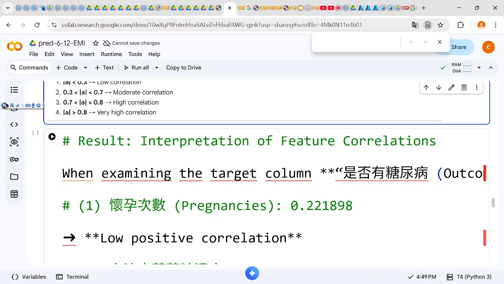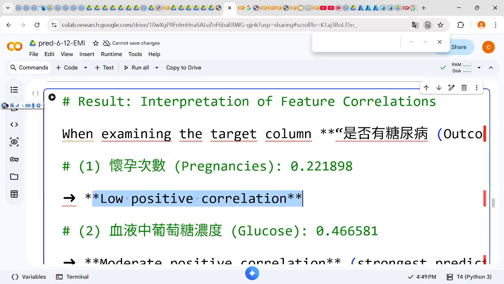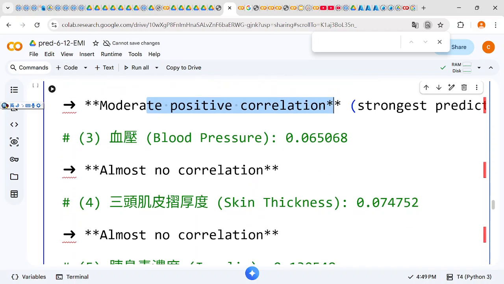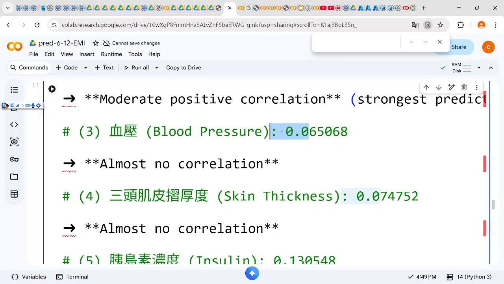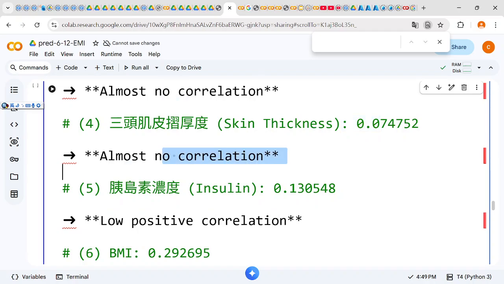Interpretation of the feature correlation when examining the target column, whether diabetes occurred: pregnancy is a low positive correlation. Glucose is a moderate positive correlation. Blood pressure has almost no correlation. Skin thickness has almost no correlation.